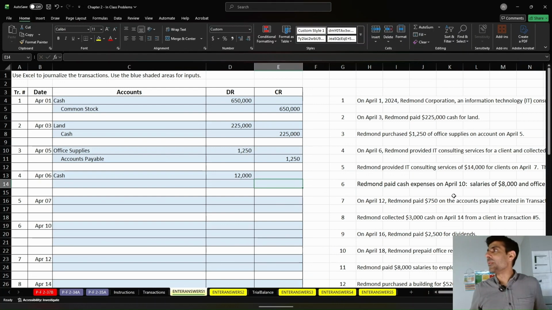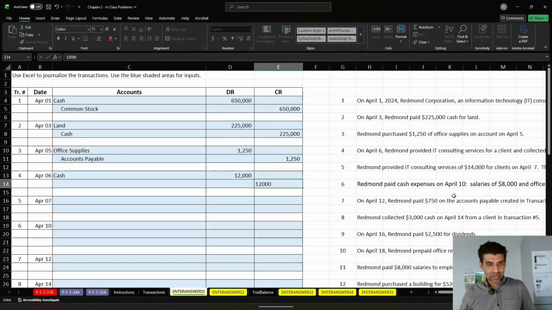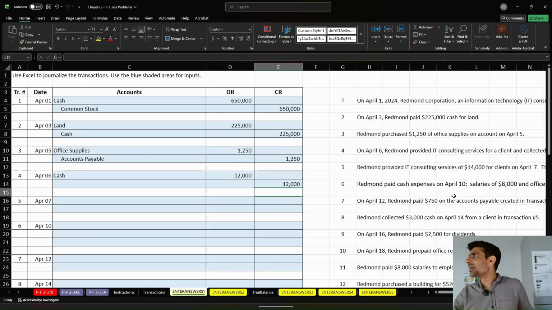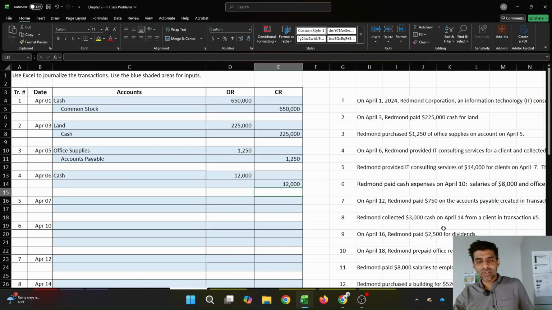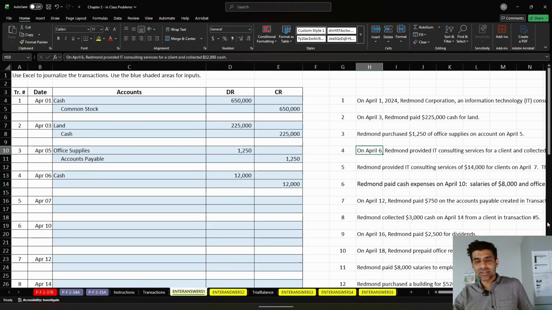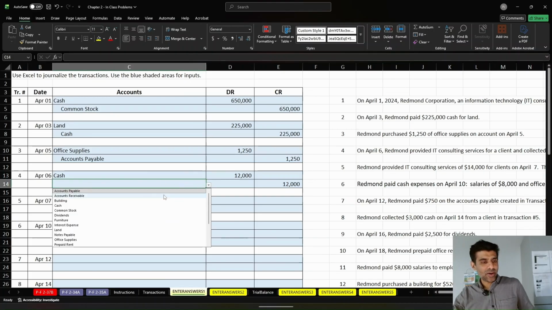And I kind of gave away the other account involved. What did I do in this transaction? I provided service, right? So what do we call that when we earn service revenue? Correct.